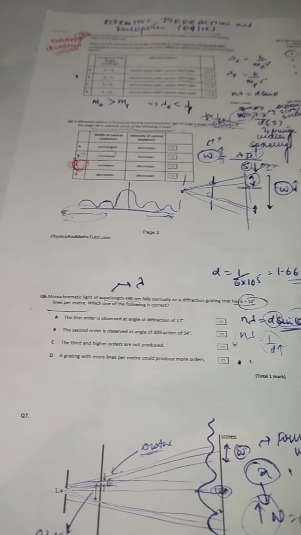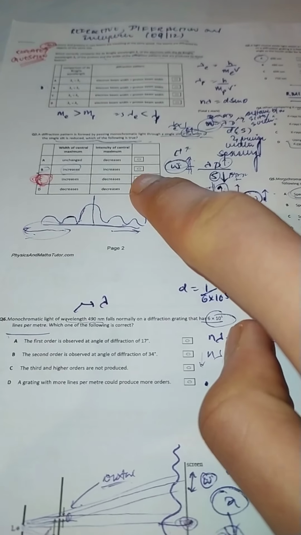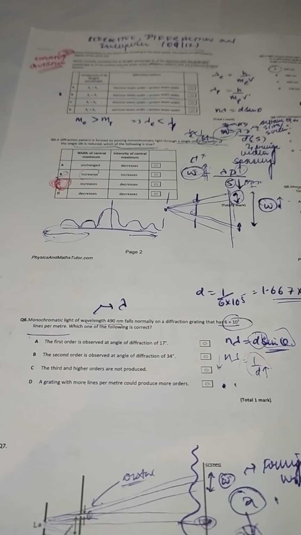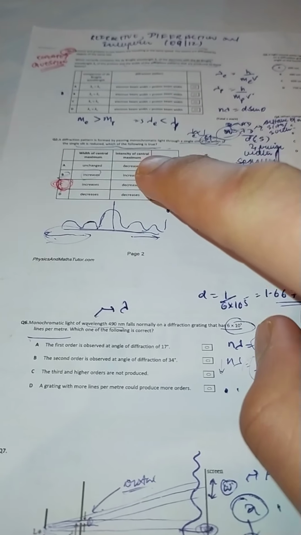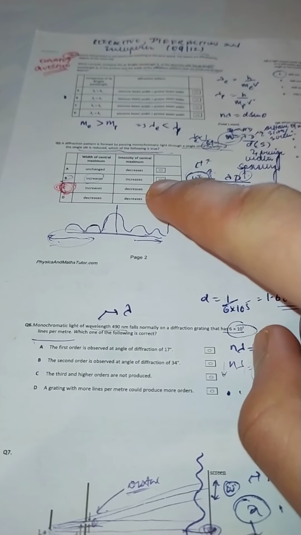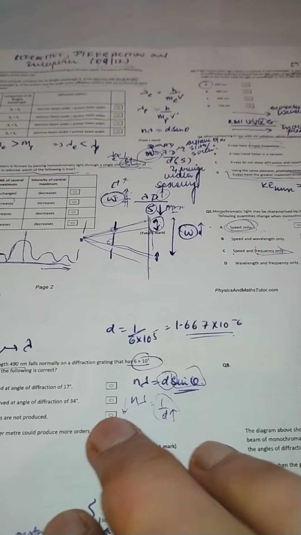Based on this, the answer is C: the width of the central maxima, as you correctly said, will increase as we disperse more. The diagram you drew very nicely. But the intensity of the central maxima will decrease.